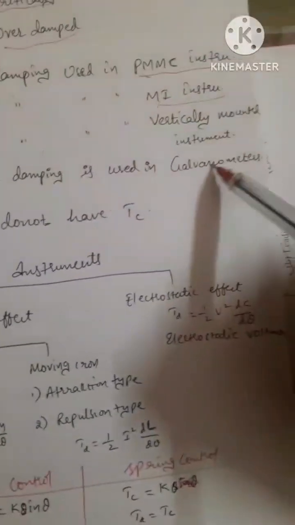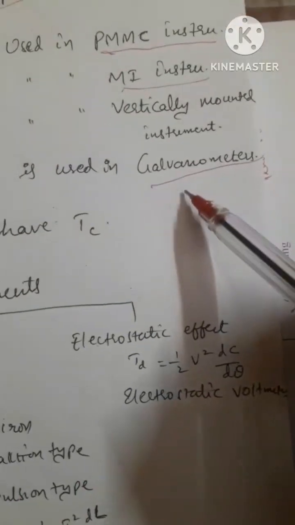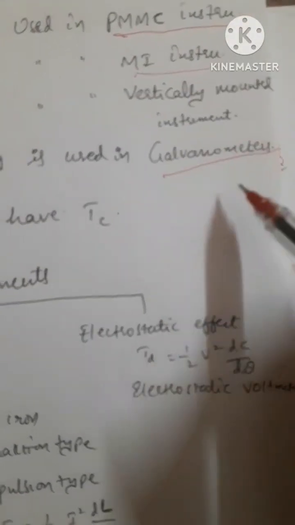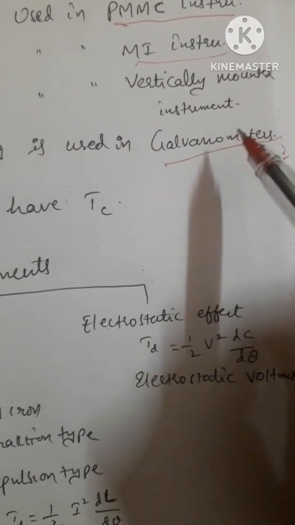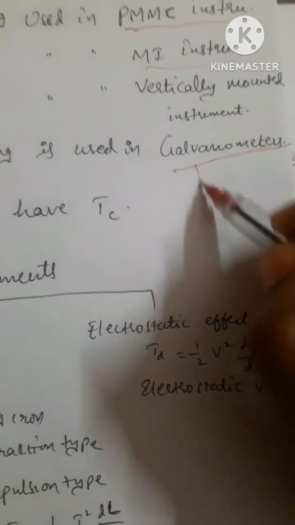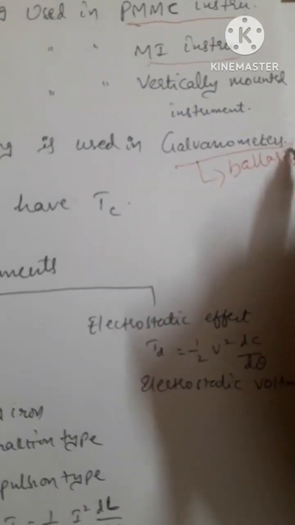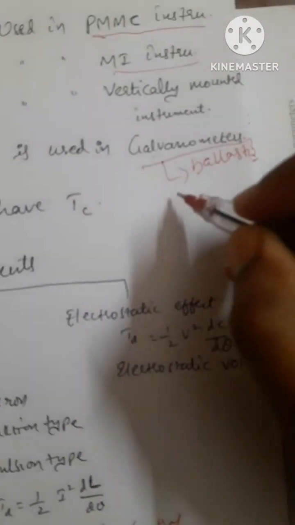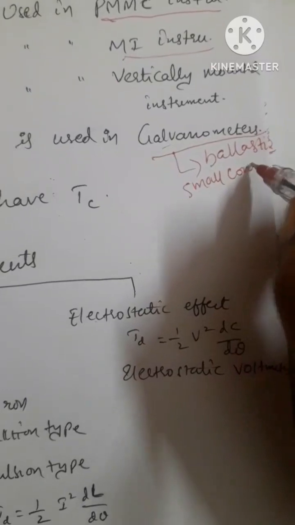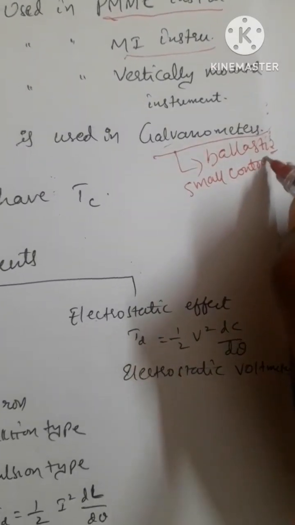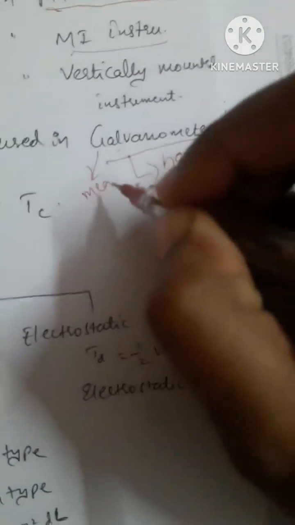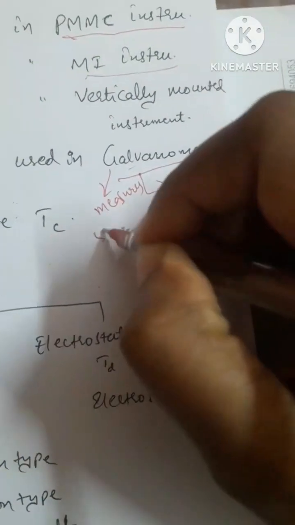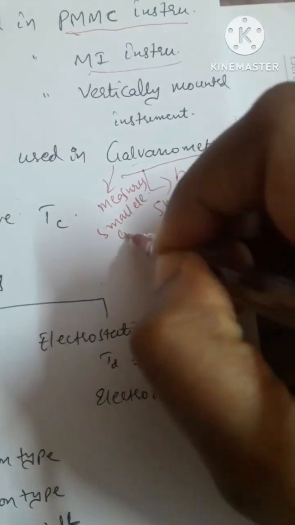Electromagnetic damping is used in galvanometers. Here the galvanometer is a special ballistic galvanometer having a small control torque TC and high electromagnetic damping, and it measures small electrical currents.